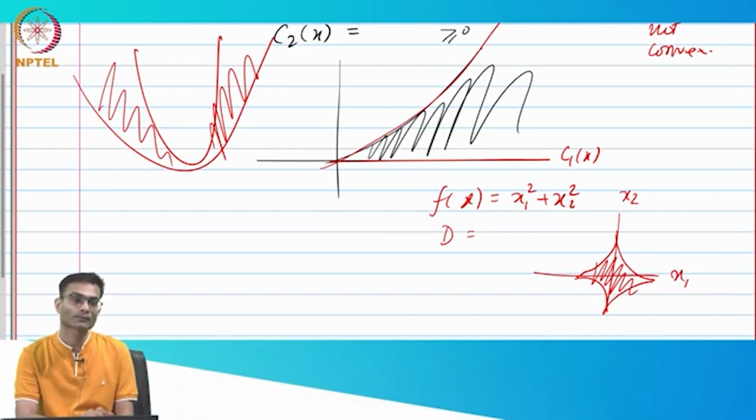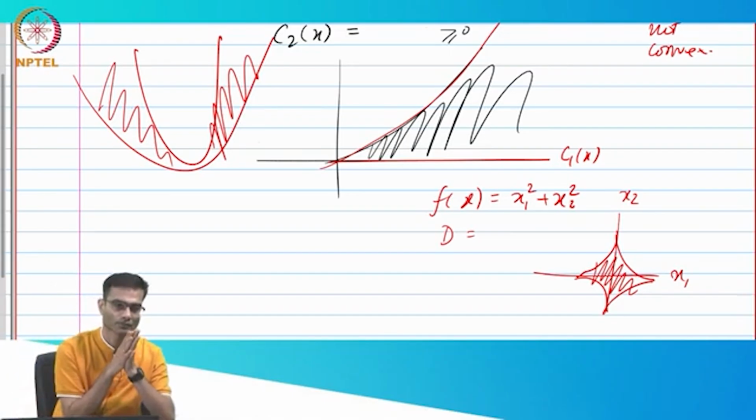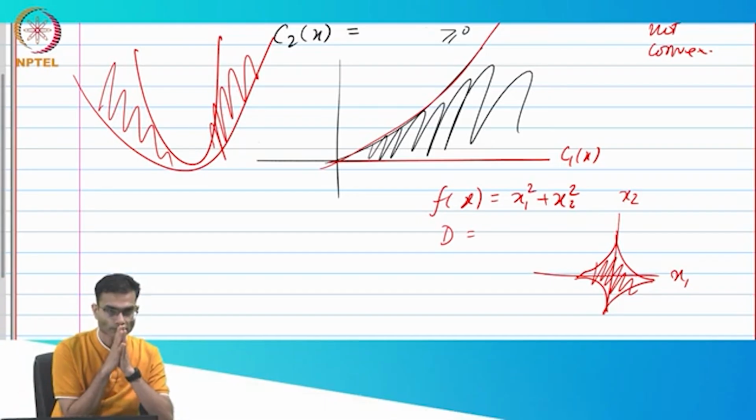You can still apply all these gradient techniques. So let's say for example the function is x1 squared plus x2 squared, and the domain is non-convex, but it's still a bounded domain. We can still use gradient techniques to get these.